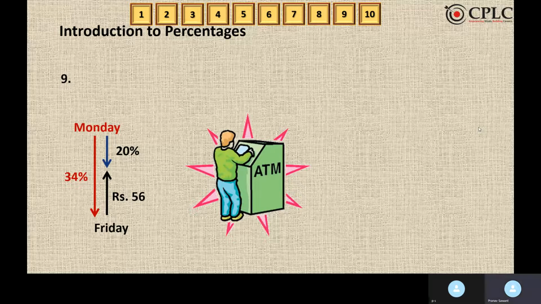So this 14% has got covered by 56 rupees. Hence, we can say that 14% is equal to 56 rupees. 100% is equal to what? So if 14 is equal to 56, 100 is equal to what? Again, cross multiplying will give us the actual answer, that is 400 rupees. So his bank balance was 400 rupees initially.